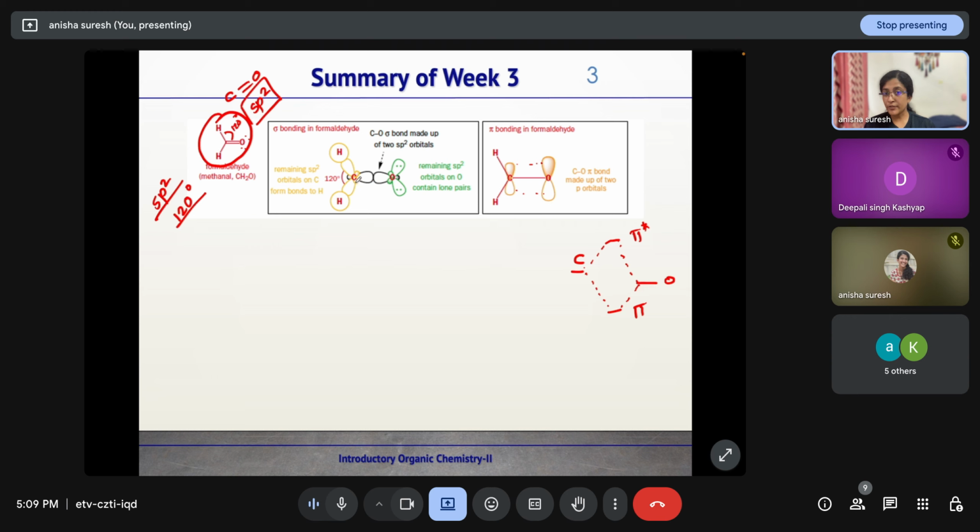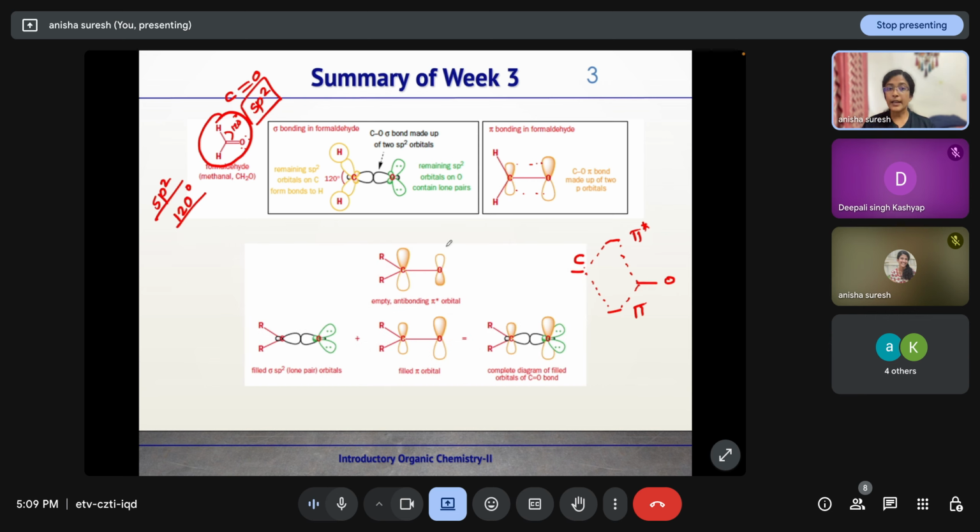Okay, the CO pi bond is made up of the two p orbitals. So apart from the sp2 hybridized orbitals, there will be perpendicular p orbitals present that can undergo overlap, resulting in the formation of the pi bond. Okay, and the empty antibonding orbital will be present.